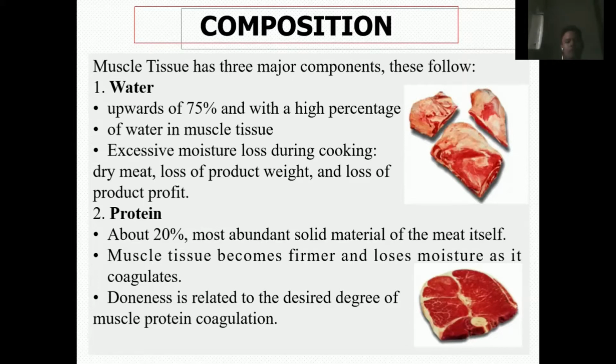And the muscle tissue becomes firmer and loses moisture as it coagulates. And doneness is related to the desired degree of muscle protein coagulation. If there is excessive coagulation, it will result in a toughening of the proteins and moisture loss. Next, please.